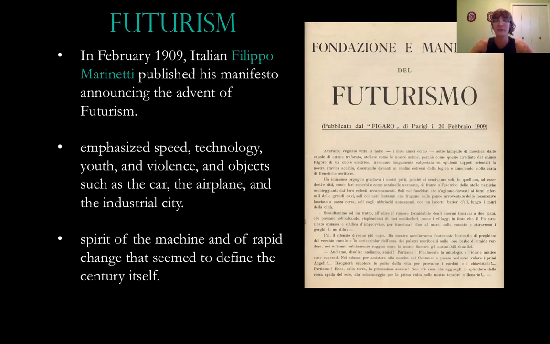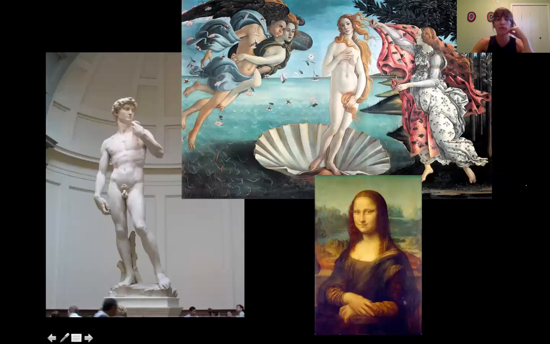They emphasized speed, technology, youth, violence, objects such as cars, airplanes, the industrial city, right? Movement. These are the Futurists. They're interested in moving forward to the future. They were interested in the spirit of the machine, rapid change, all these things that seem to be defining the turn of the century.